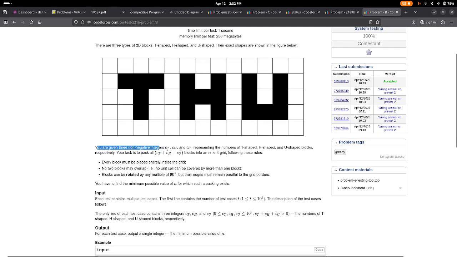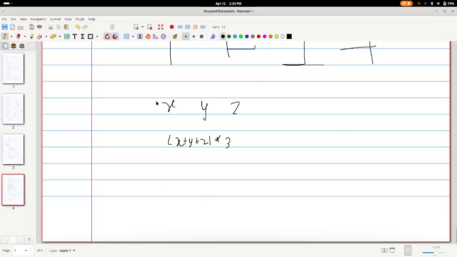You are given three non-negative integers ct, ch, and cu representing the numbers of T-shaped, H-shaped, and U-shaped blocks respectively. Your task is to pack ct plus ch plus cu blocks into an n cross 3 grid following these rules. Let me draw it.